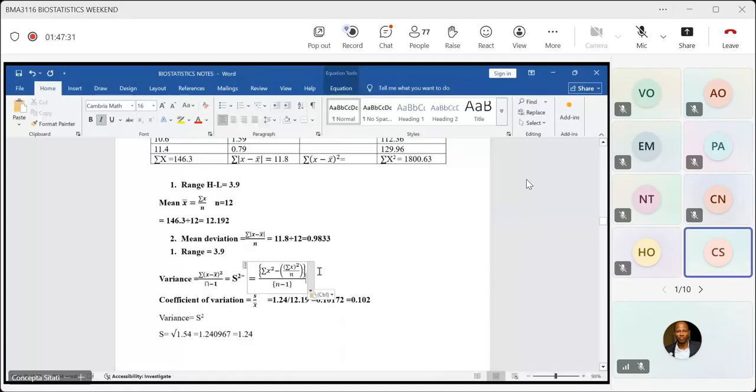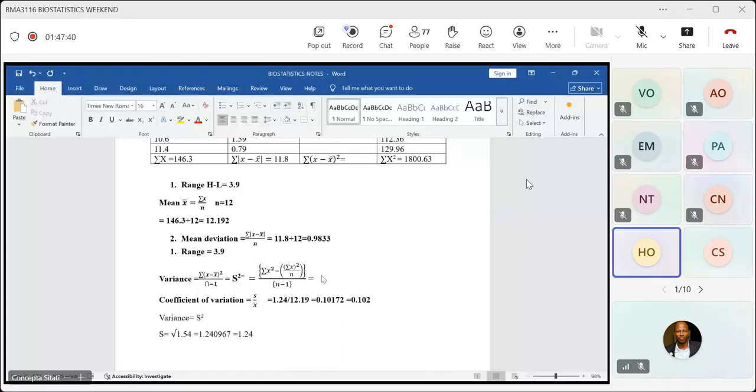Right. Let us substitute. Tuko na 1.453... 1.253. Okay. What was your first summation of x? 15.99. And then 15.99. Hii ni x squared kama nataka kusema.